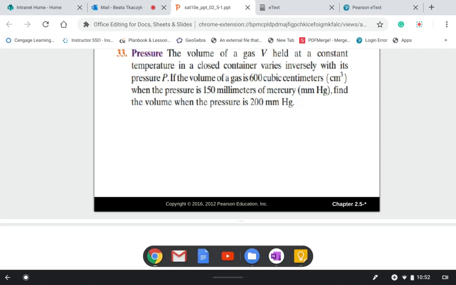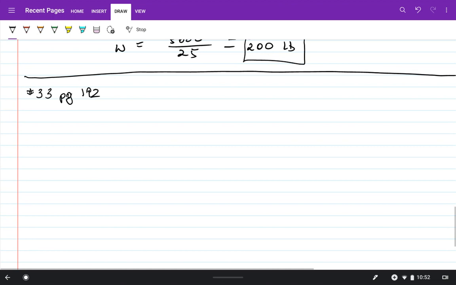So here we have two variables. V will stand for volume of a gas. P will be pressure. And of course, with those types of problems, we always have that constant of proportionality, which we need to find.